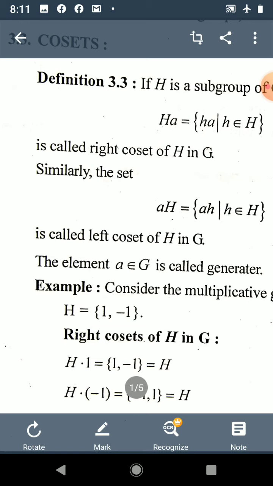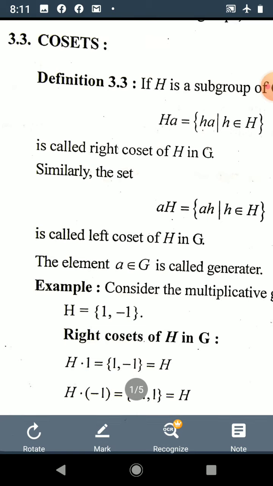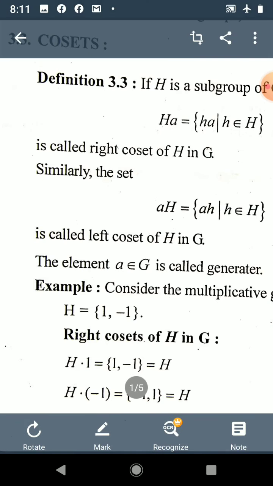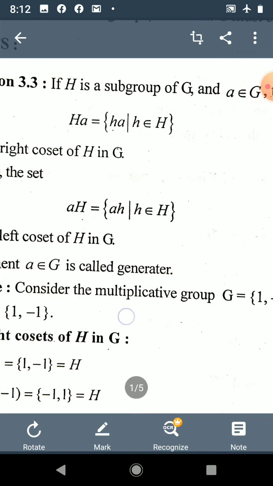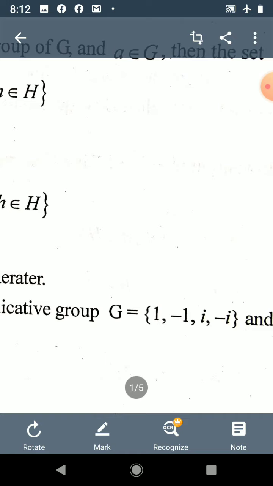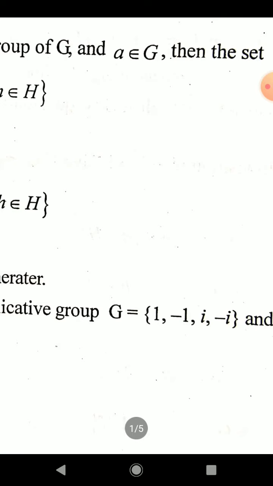In general, we say that Ha is a right coset of H in Z generated by a, and aH is a left coset of H in Z generated by a belonging to Z. For example, we shall consider the group Z having four elements 1, minus 1, i, minus i.